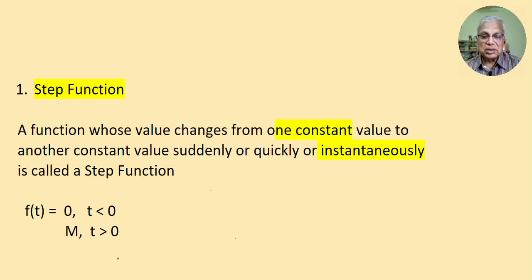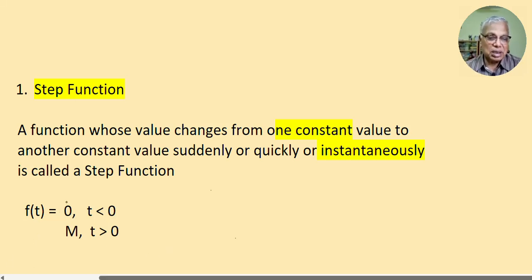For example, say f of t, for t less than 0, let's say the value is 0, and at t equal to 0 the value of the function becomes m, where m is a constant.